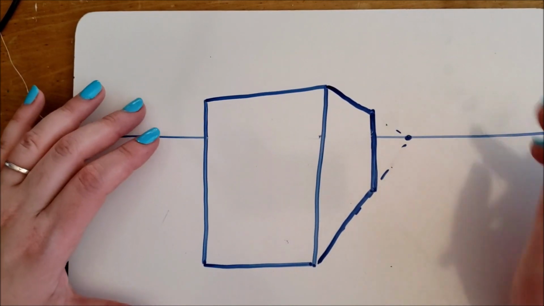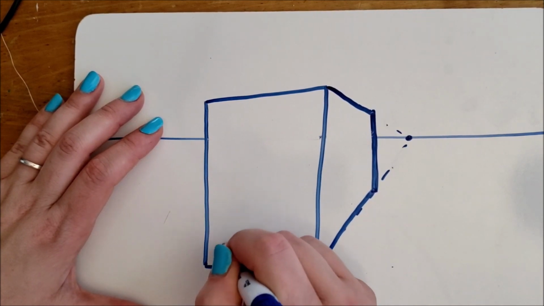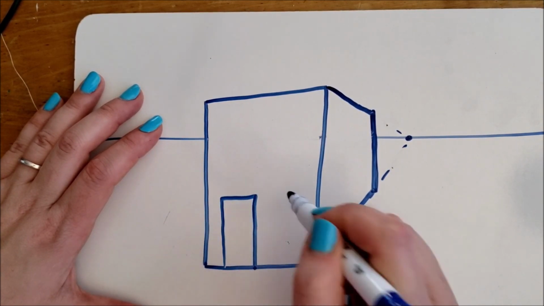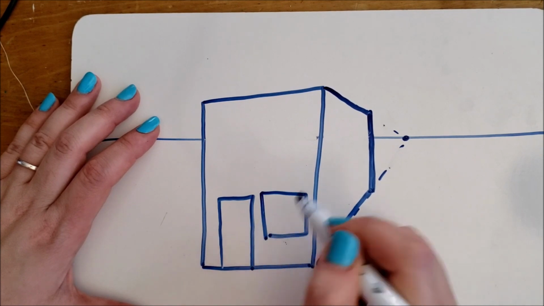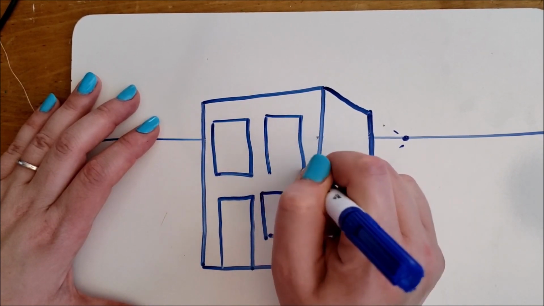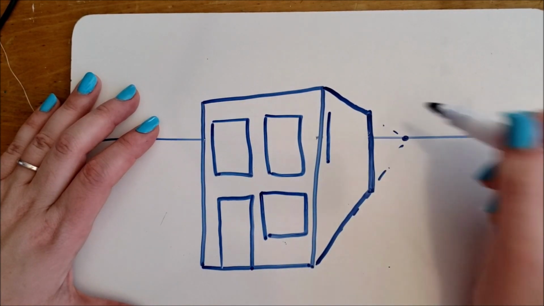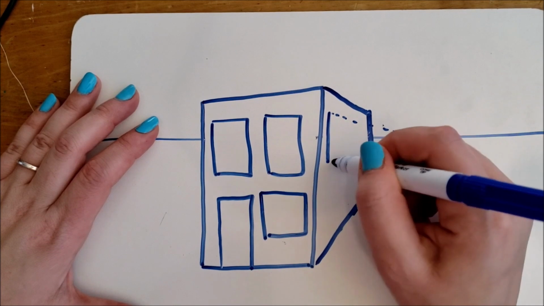Now if I want to do doors and windows, the doors and windows on the front of the building would be regular rectangles, regular squares. And then the doors on the side of the building would follow that same rule. So if I'm going to put a window here, it's going to match up.